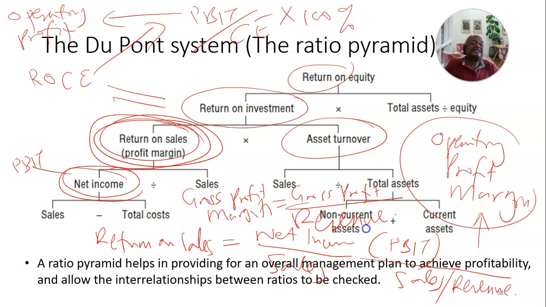However, we understand that the business environment is full of competition, so we cannot expect an out of this world higher gross profit margin. But we need to expect something like 30% or 20% as the gross profit margin.